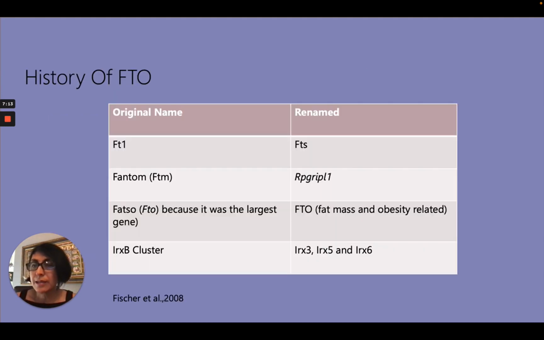I'd like to take us back to when the first obesity gene was discovered. It's an interesting story. It was first identified in a study of a fused toe mouse. So you'll hear FT for fused toe.